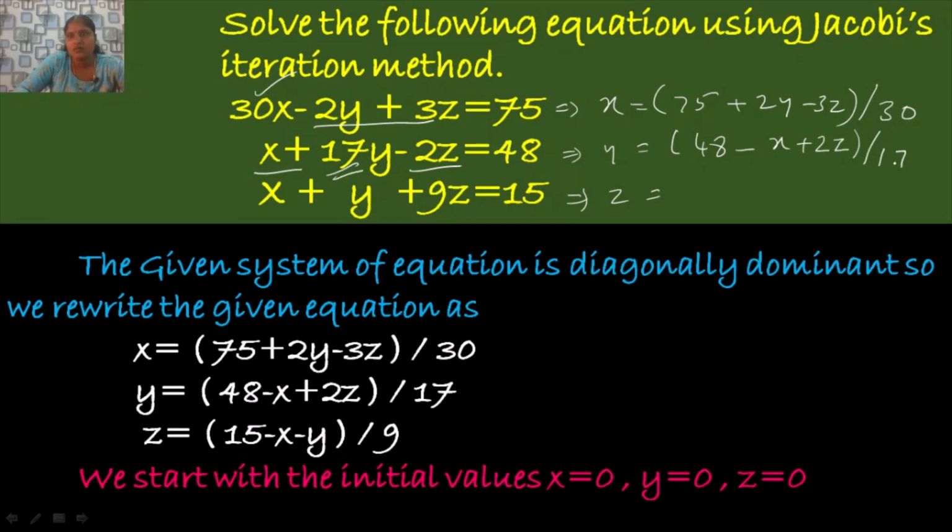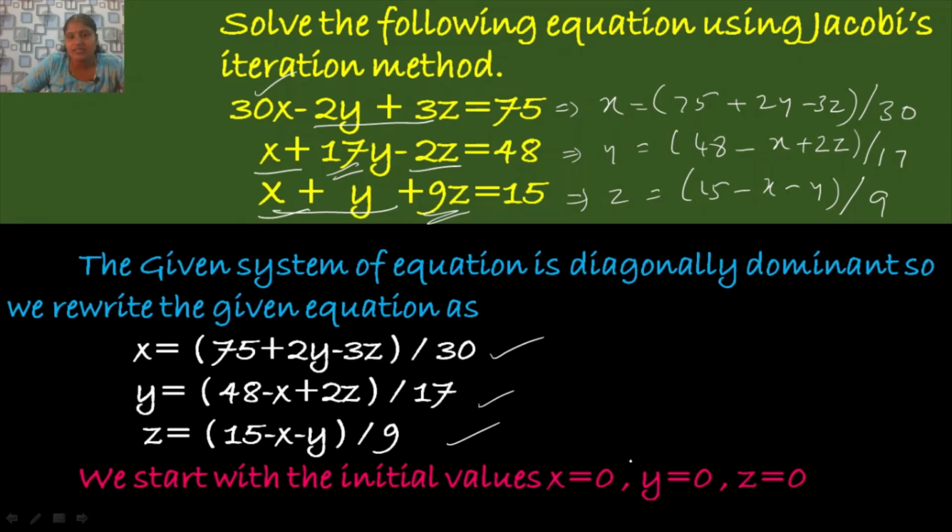And for z, take these two terms to the other side: 15 minus x minus y, over the coefficient of z, which is 9. So this is what the equations look like for x, y, z. Solving these, you get the solution of the given system of equations.